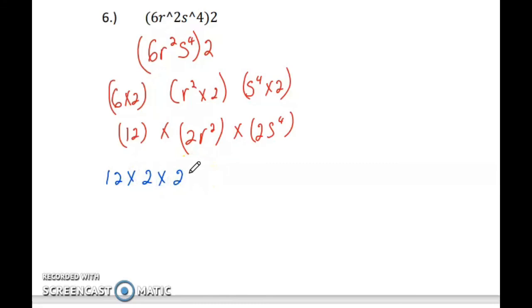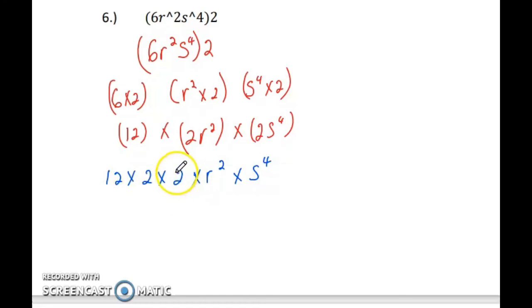And then as we move forward, we are also going to have times r to the second power times s to the fourth power. So here we have our 12 times our 2 times 2.